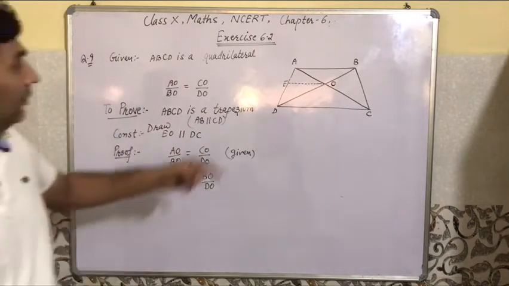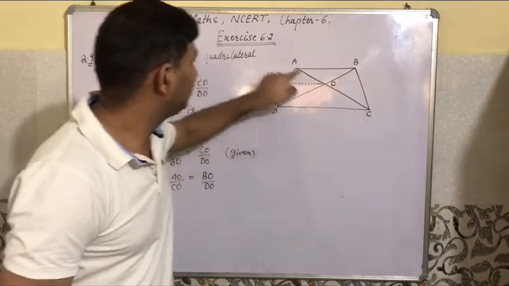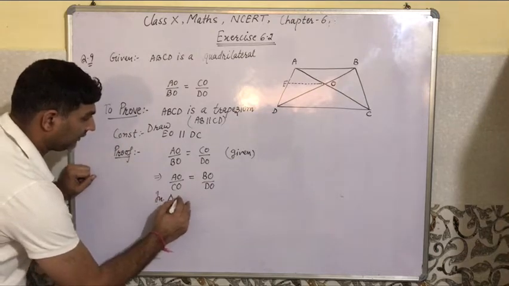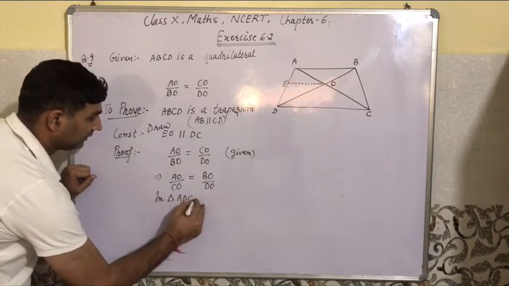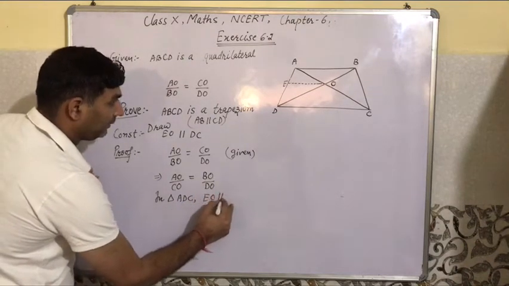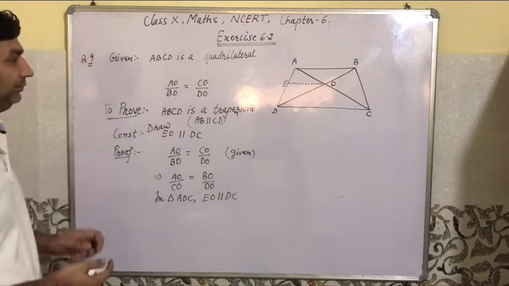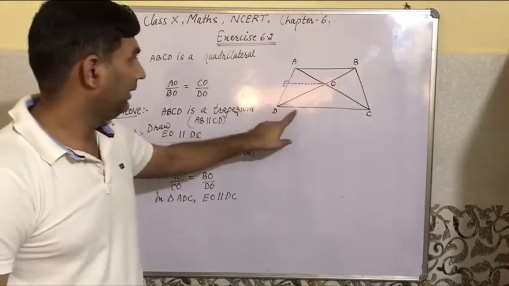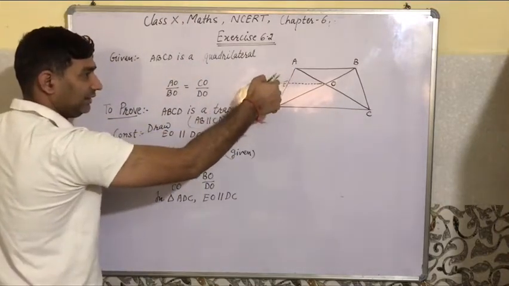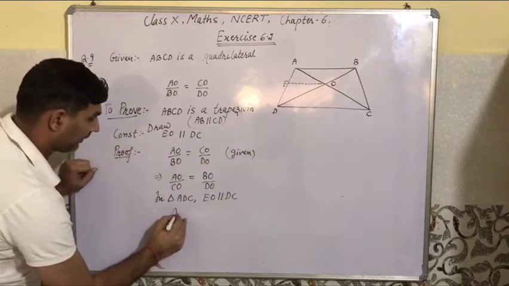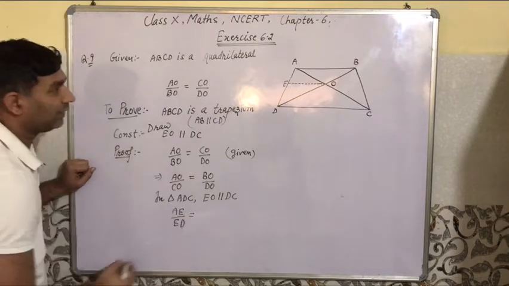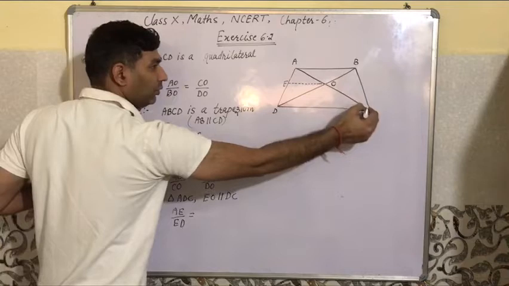and then in triangle ADC, EO parallel to DC, then what? AE upon ED is equal to what?